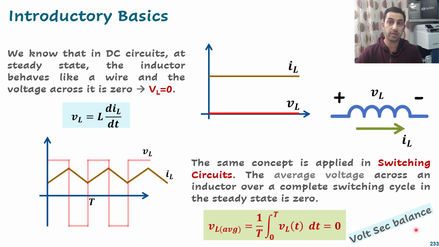This is the first rule that we should remember and always apply, because if we switch the current in an inductor, the average voltage across that inductor at steady state should equal zero.